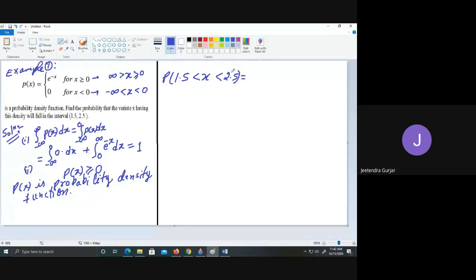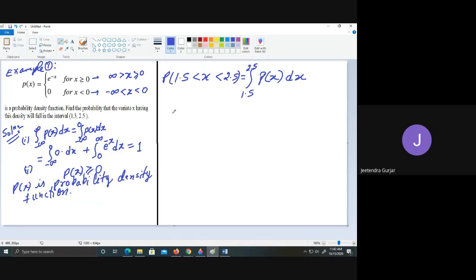Instead of minus infinity to infinity, they have interchanged the limits. So this is the integration from 1.5 to 2.5 of p of x dx, students.